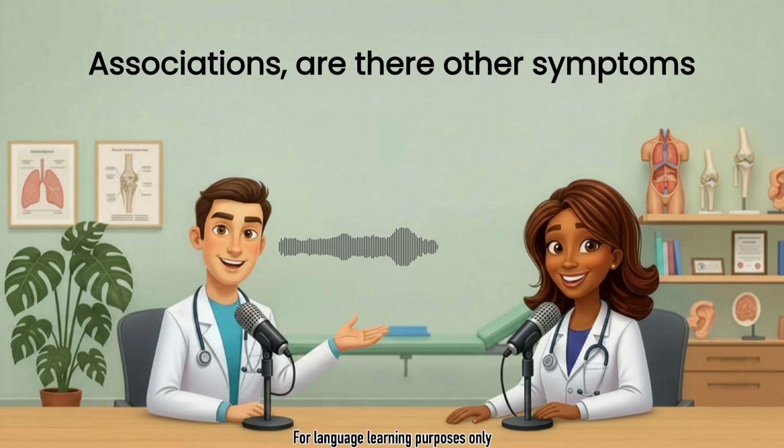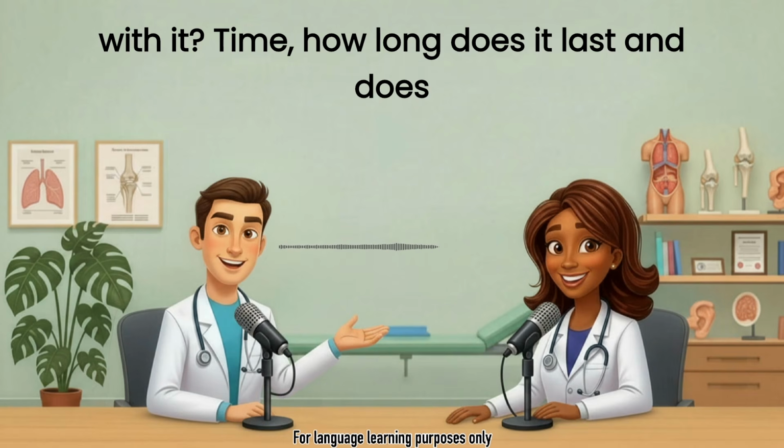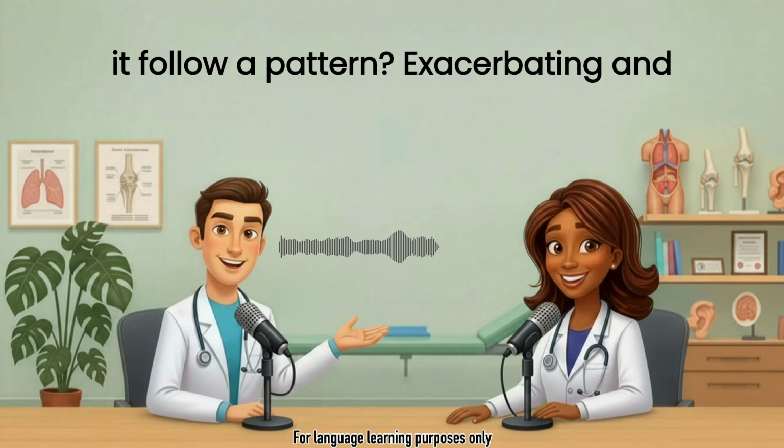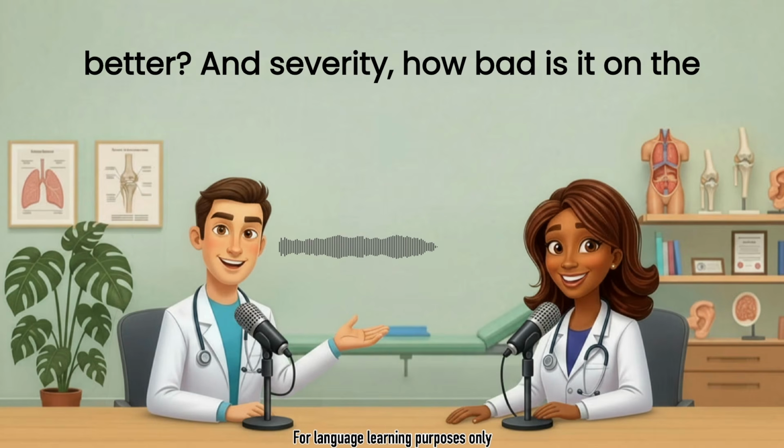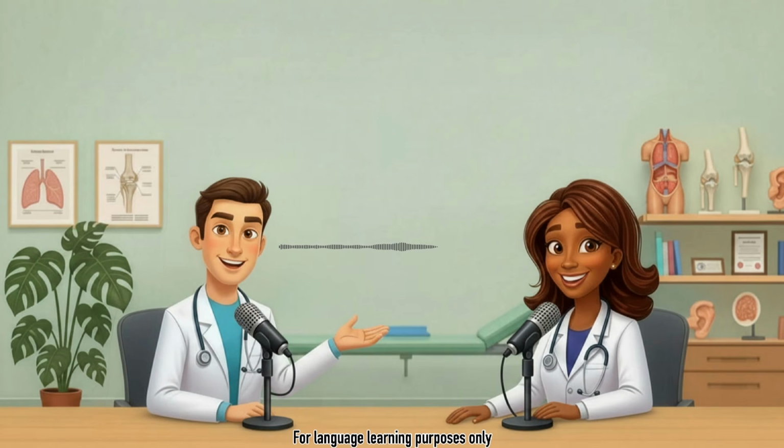Associations. Are there other symptoms with it? Time. How long does it last, and does it follow a pattern? Exacerbating and relieving factors. What makes it worse or better? And severity. How bad is it on the pain scale?